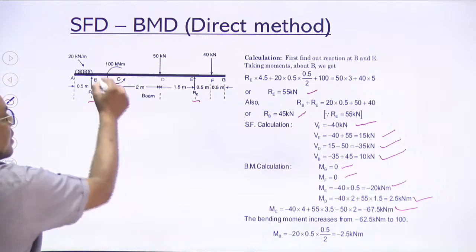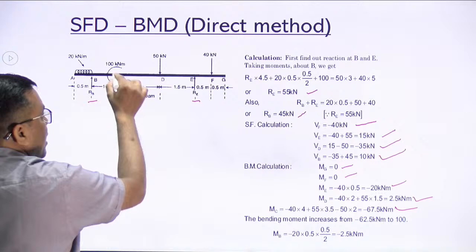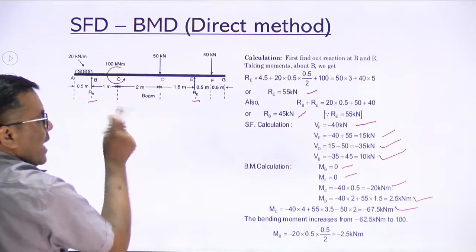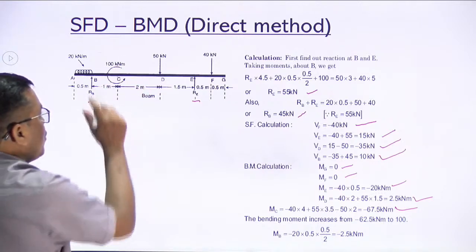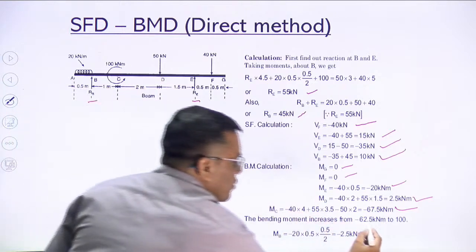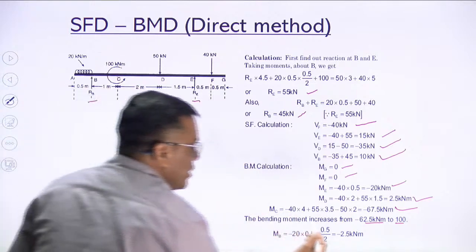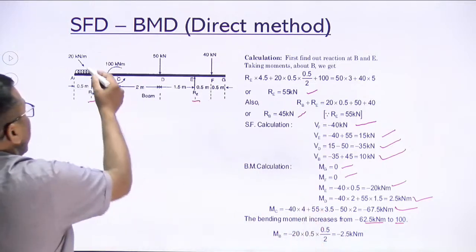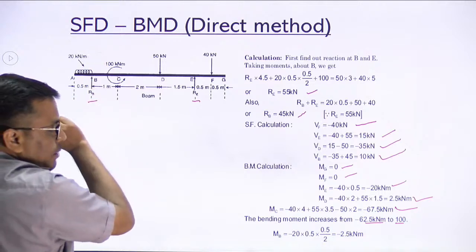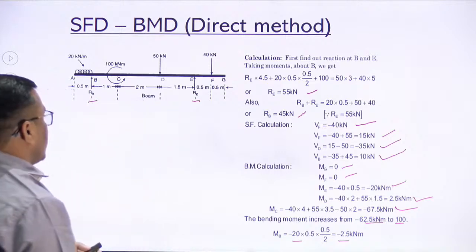Then at point C we are finding out one point moment, so definitely we will be getting two values of bending moment here. One is on the right side and another one is on the left side. So minus 62.5 to 100, ये add हो जाएगा उसमें. So at point B, then at point B how much will be the bending moment? That we can find out. So this is the shortcut method.